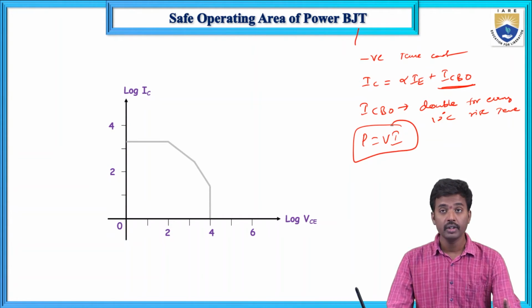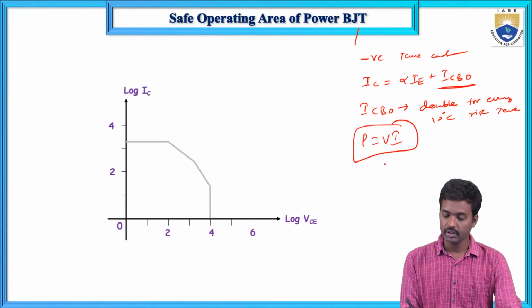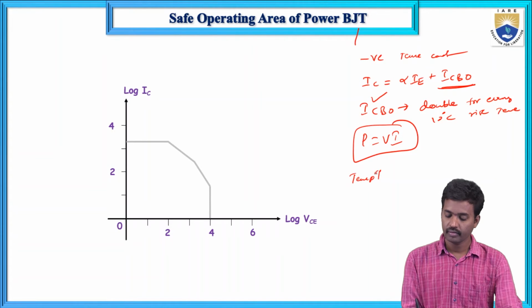So temperature rises means ICBO increases, IC increases.